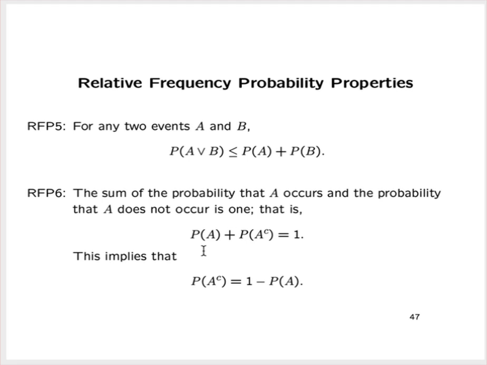So in symbols, the probability of A plus the probability of A complement will always be equal to 1. We can take this equation and solve it for the probability of A complement, the probability that A does not occur, and what we get is that the probability that A does not occur is equal to 1 minus the probability that A does occur. That result is called the complement rule.